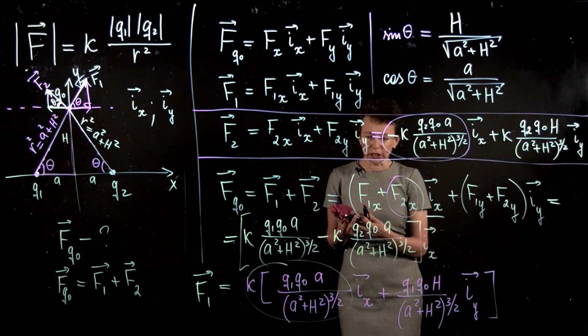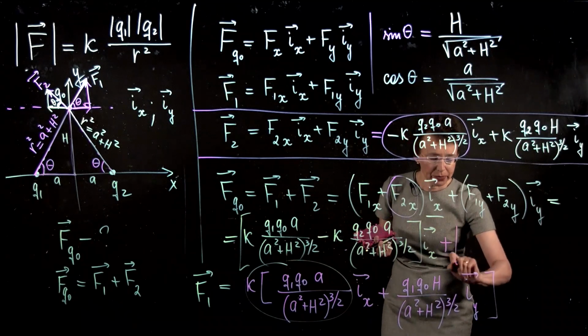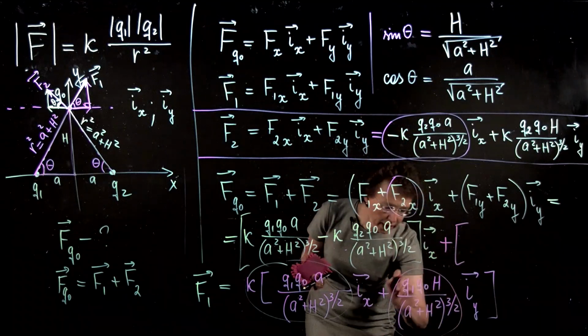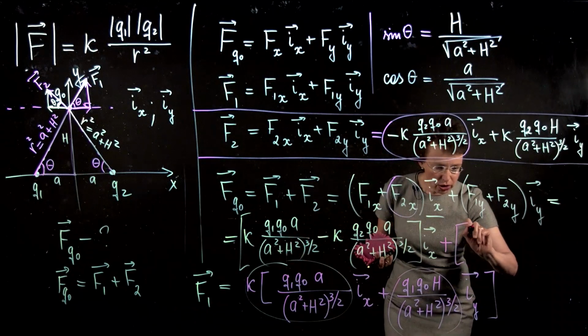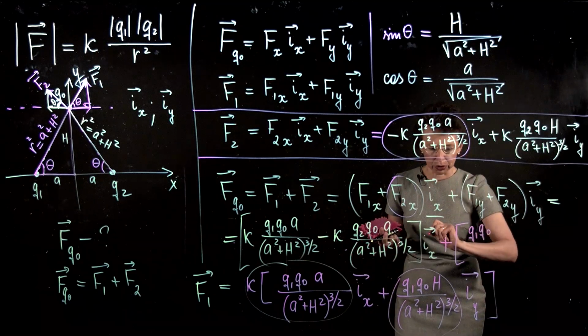And now I need to add y components together. So it will be plus. I have the y component of F1 right here. So I will have q1, q naught, and I forgot k.